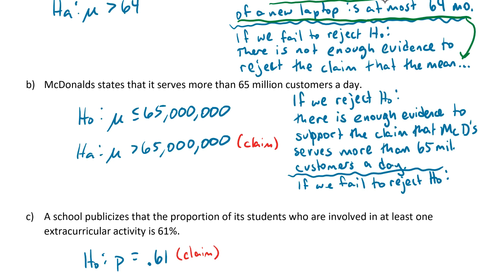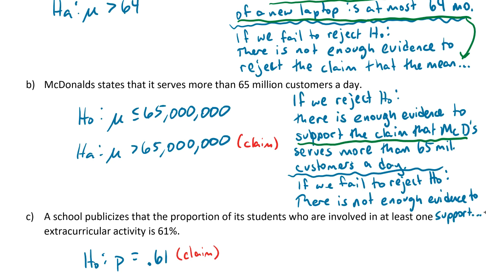Then, just like the first example, it's going to be there is not enough evidence to support, and then the rest is the exact same.